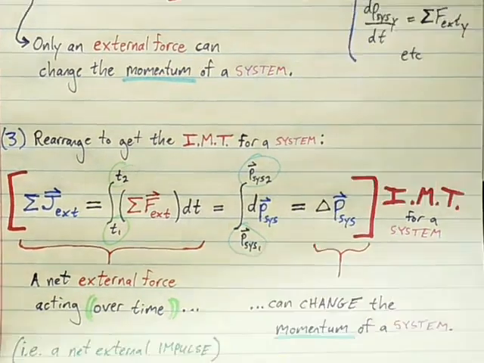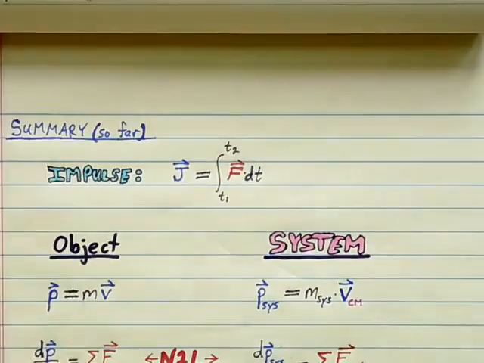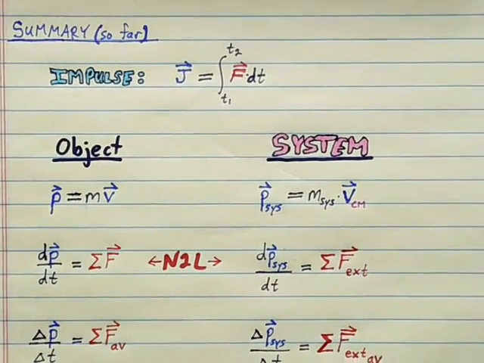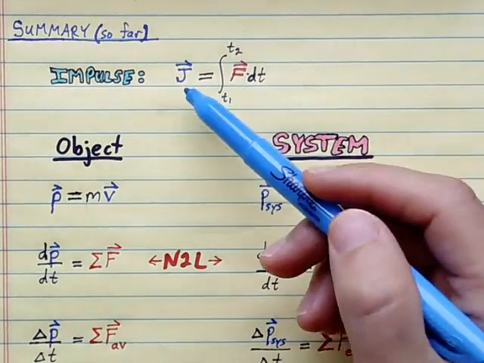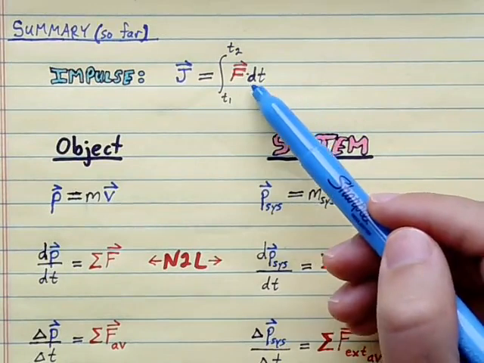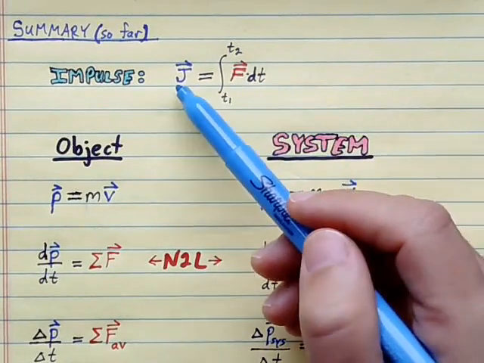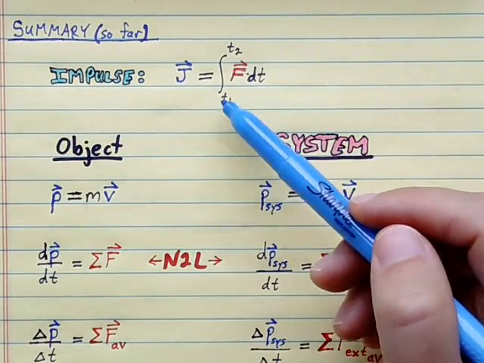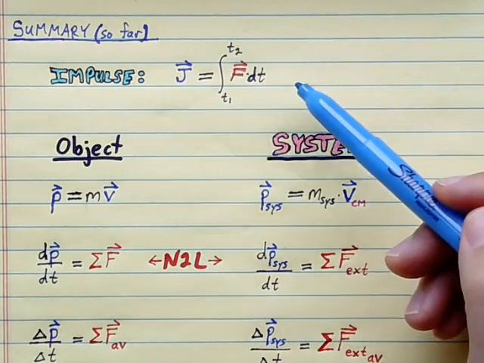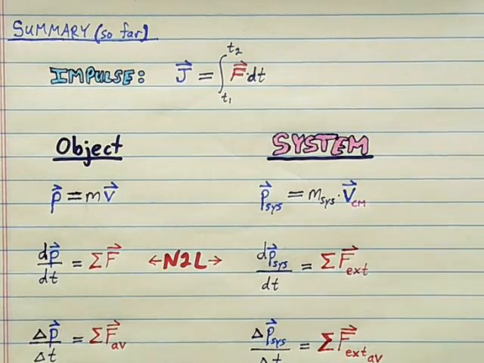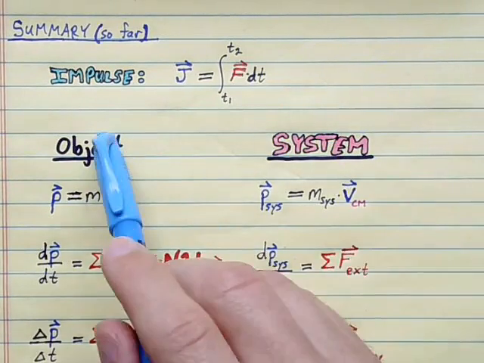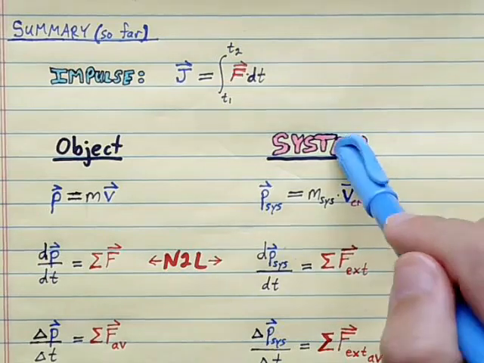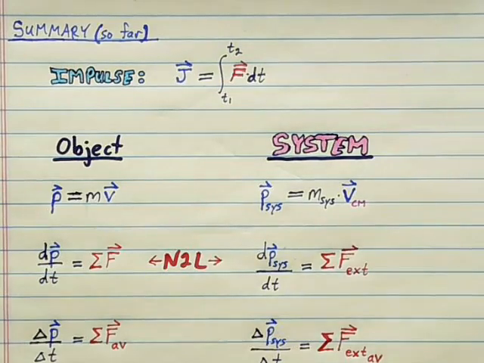Let's summarize what we've come up with so far. We have defined impulse as this integral, the cumulative effect of a force acting over time. So the impulse over some time interval, t1 to t2, is given by this integral here. And I want to break down our equations that apply to a single object in this column on the left, and the equations that apply to a system in this column on the right.